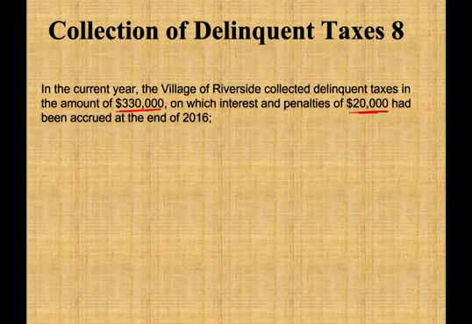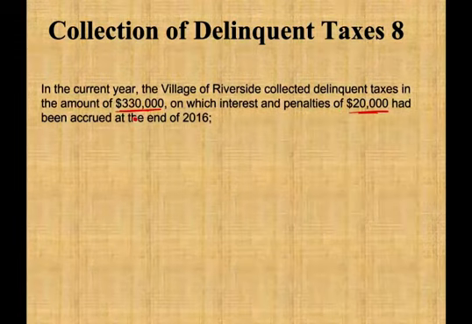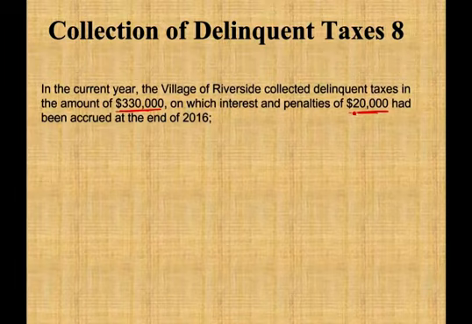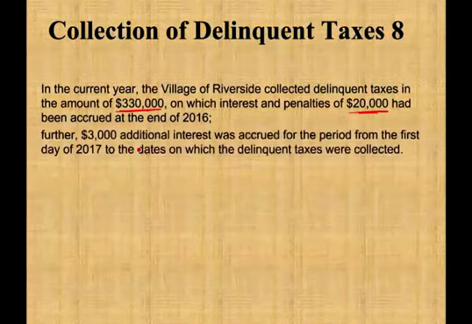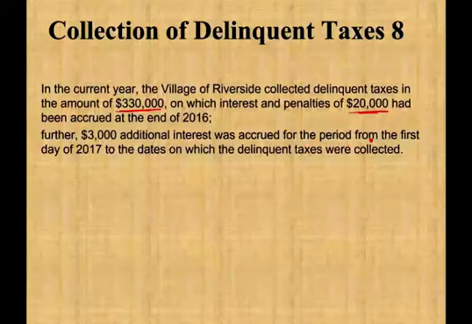So in total, we collected 330 plus 20,000. Further, $3,000 additional interest was accrued for the period from the first day of 2016 to the dates on which delinquent taxes were collected.